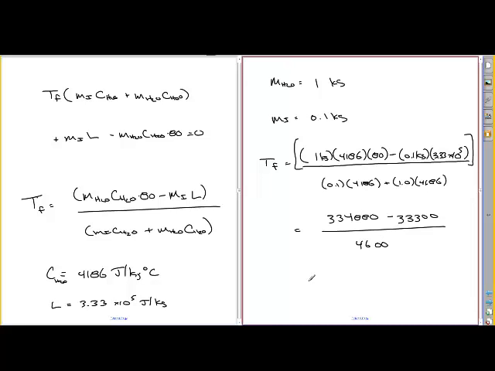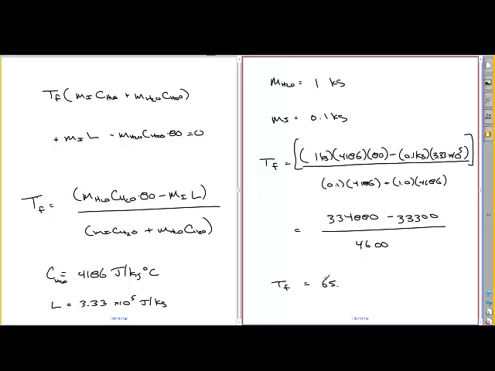So we have 4,600 basically. Because this is almost 1/10 of that, you can see it's pretty close to the original, and the water's not going to cool off a lot. So plug that in your calculator and we get 65.6.